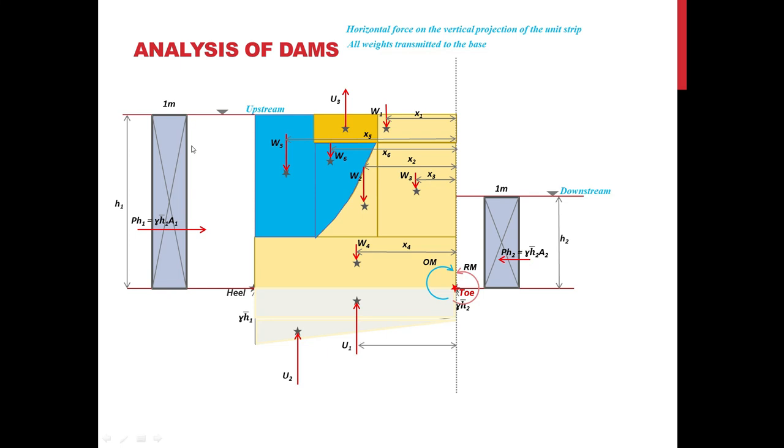The uplift forces also have their corresponding distances from the toe. Say XU1, and for U2 we have XU2, and for U3 we have XU3. For our hydrostatic force acting horizontally, this distance is actually Z1, and it's given by the expression H1 over 3.